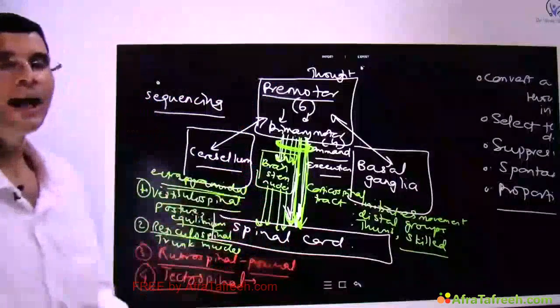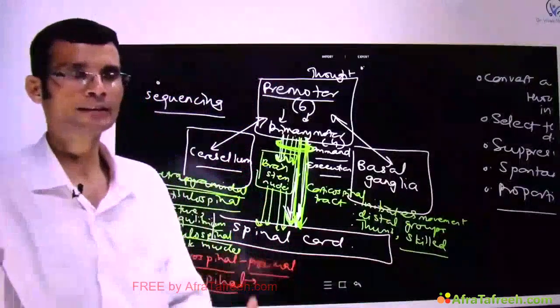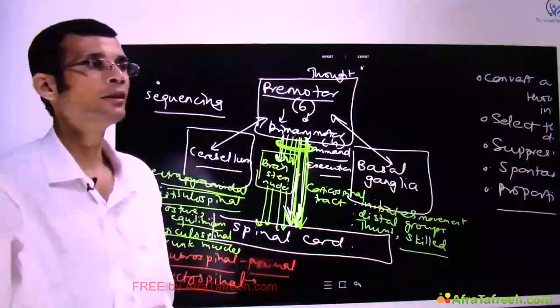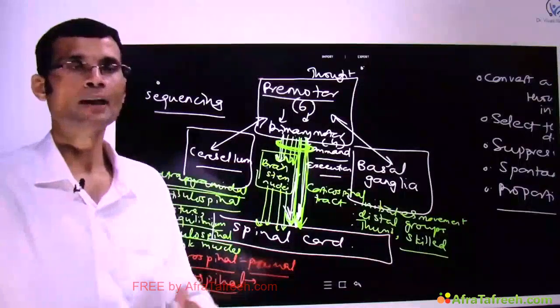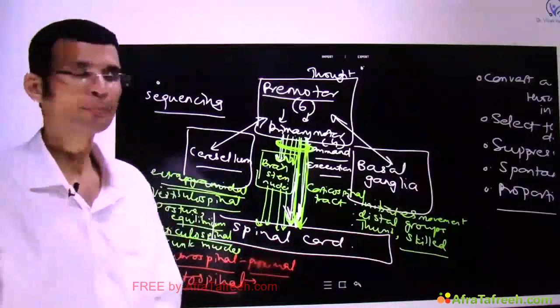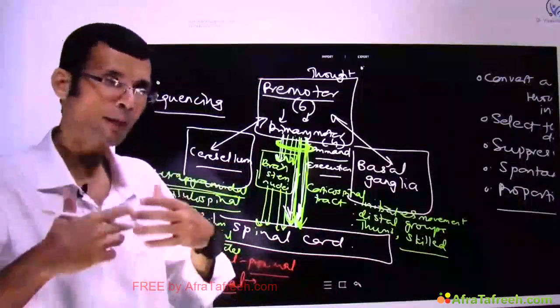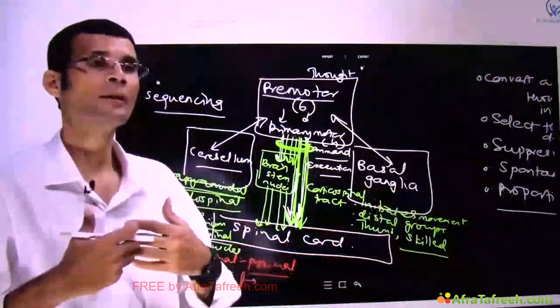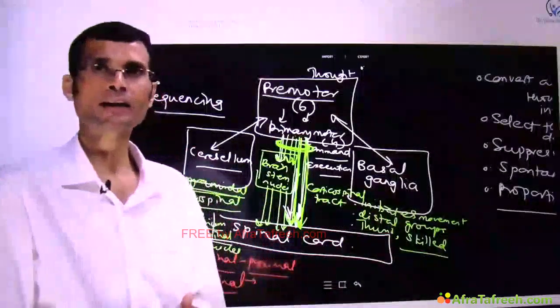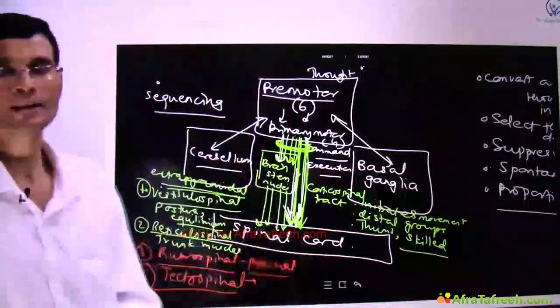Let me just quickly add, what is the extrapyramidal system? Very often you discuss pyramidal lesions and extrapyramidal lesions. Basal ganglia lesions are described as extrapyramidal lesions. So what is the extrapyramidal system? Why is a basal ganglia lesion called an extrapyramidal lesion?